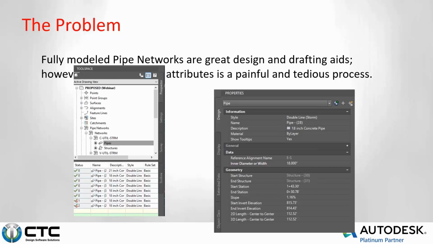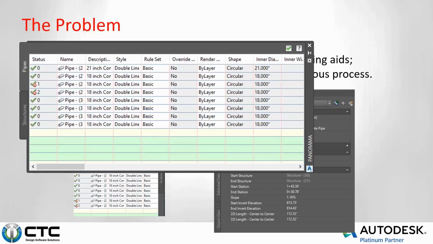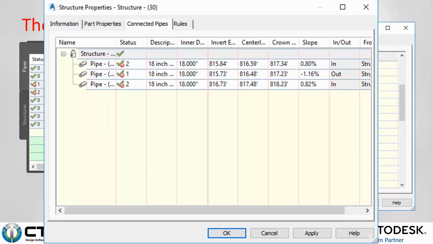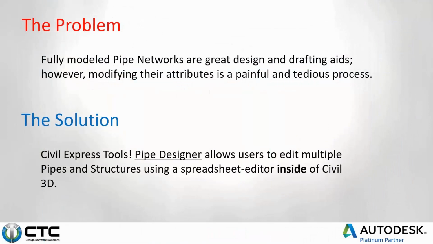Maybe we want to check the item view, that bottom half of our tool space. We can open up the pipe networks vista and look at all kinds of stuff. We'd go into the part properties, but we're bombarded with all kinds of information on our pipes and on our structures, and very little of this is easy to access or telling us what it is we're trying to design, and it just gets so frustrating.